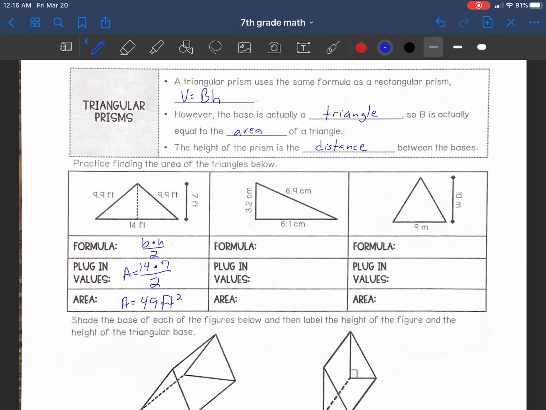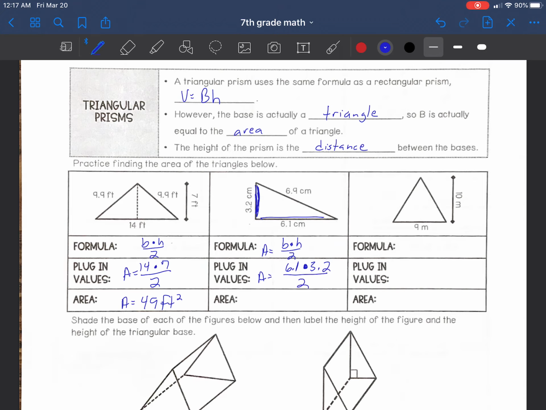So once again, our formula for area of a triangle, base times height divided by 2. Let's plug in our values. All right, area equals our base right here, 6.1 times our height right here, 3.2 divided by 2.